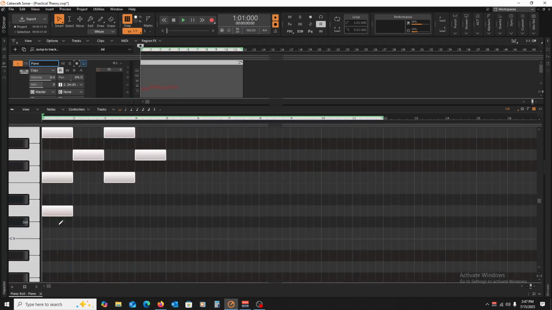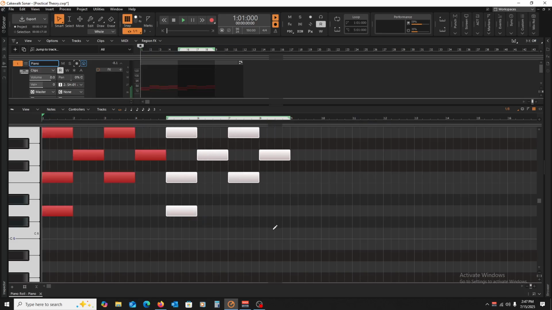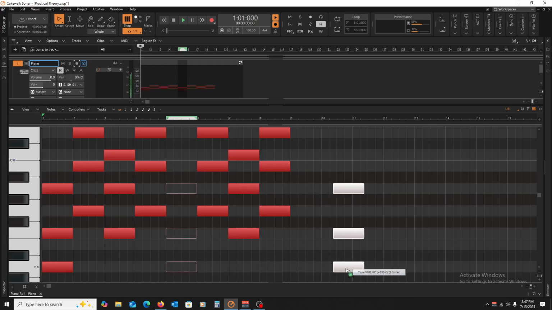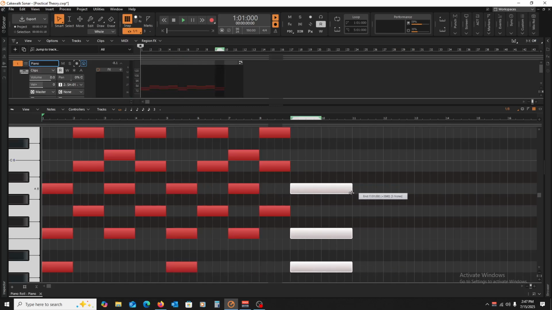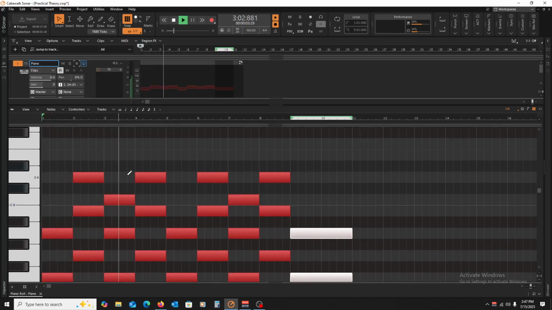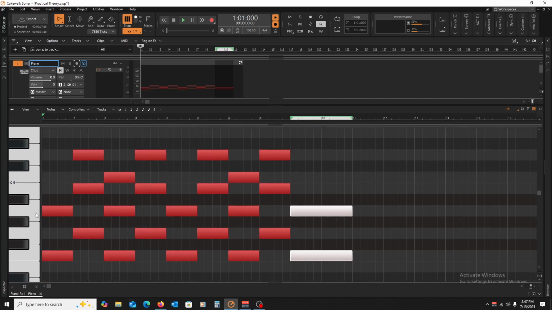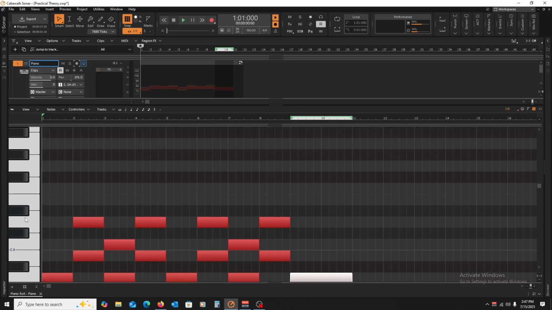Maybe have that run a couple of times here. And then we'll end on our D minor. Okay, and what we're doing is a D minor to a G to an F to a G. And we can start our melody.